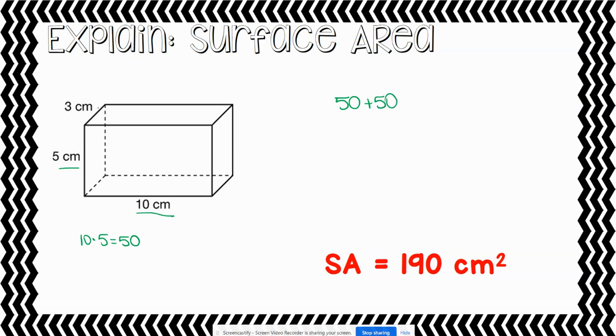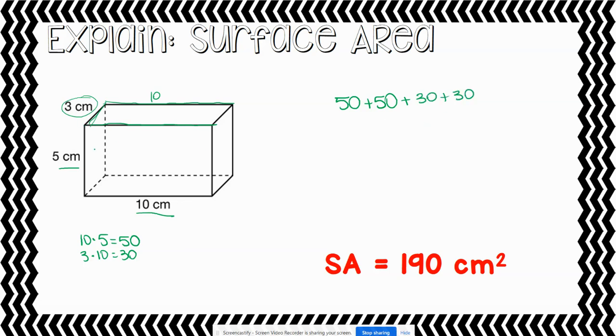Well, then if I look at what's on the top, so the top has 3 here, and this long side is the same as this, which is 10. So this is 3 times 10, which is 30. Well, again, there are two of those because there's one on the top and one on the bottom. So I would add 30 plus 30.